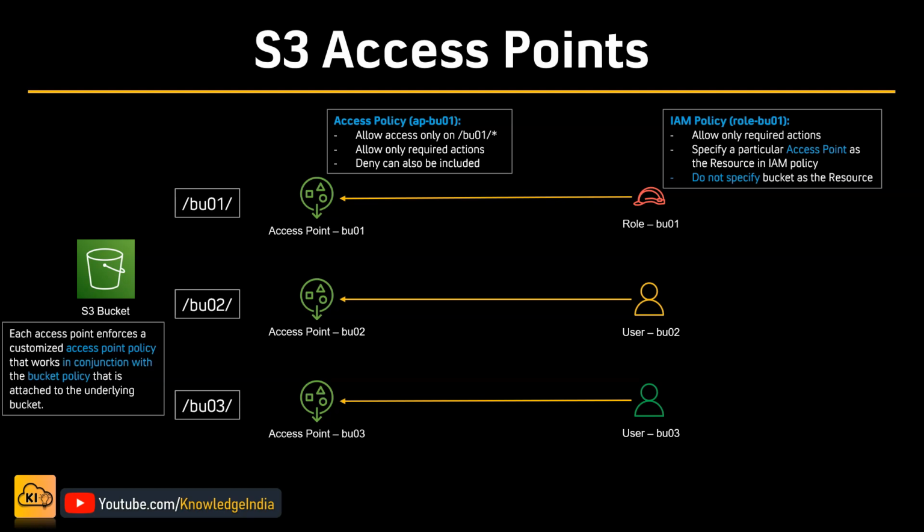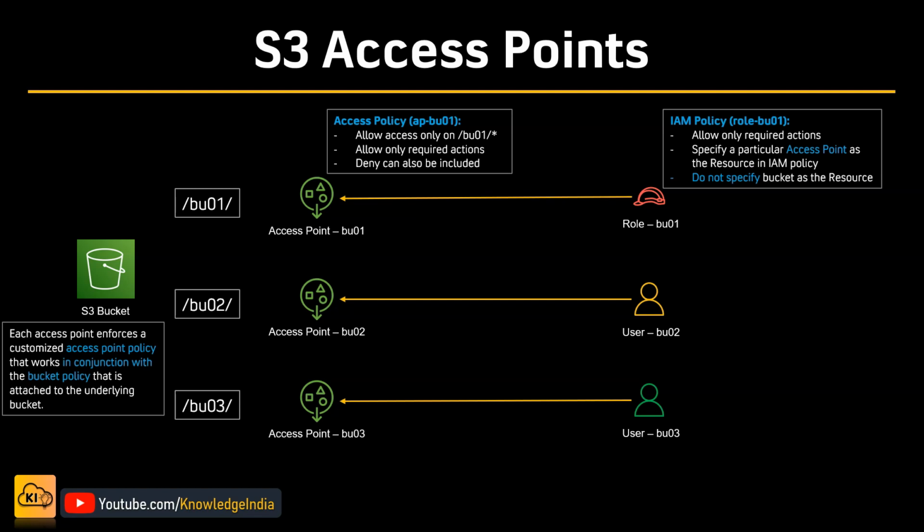Now this access point policy has to work in conjunction with the bucket policy, right? For example, let's say role BU01 is trying to do a particular action, let's say S3 put object via access point BU01.